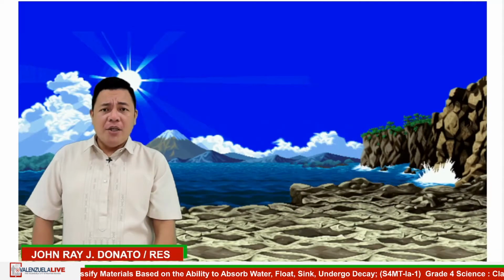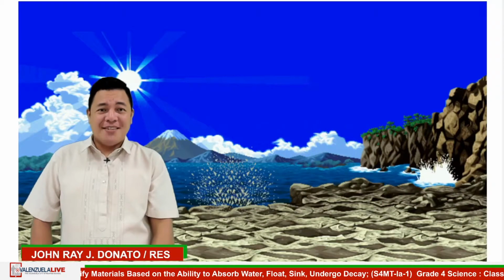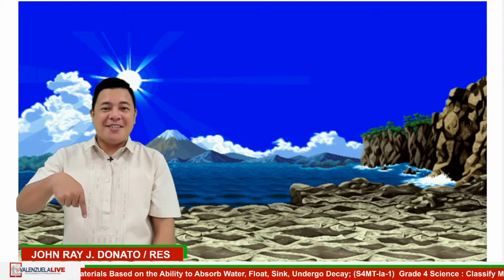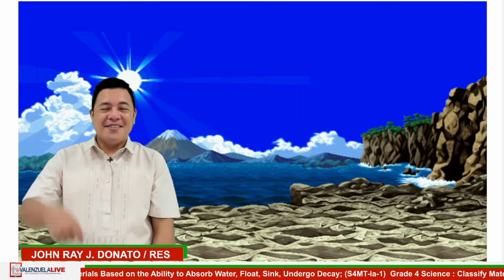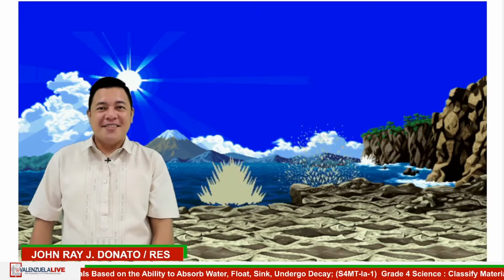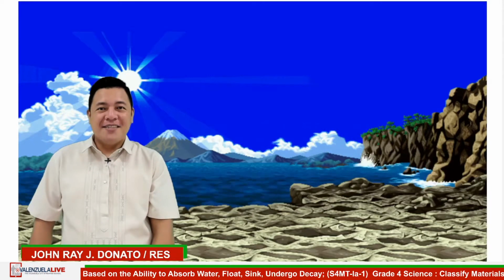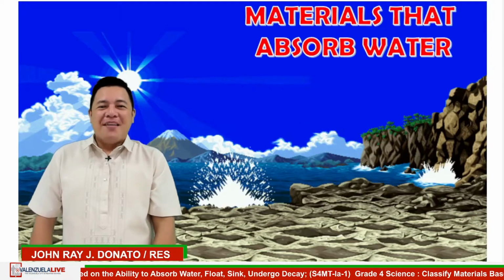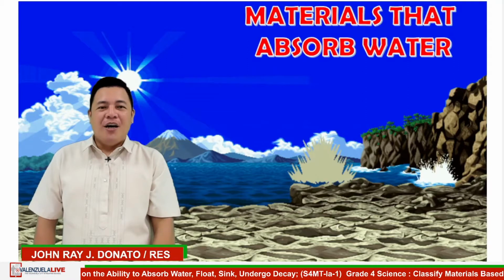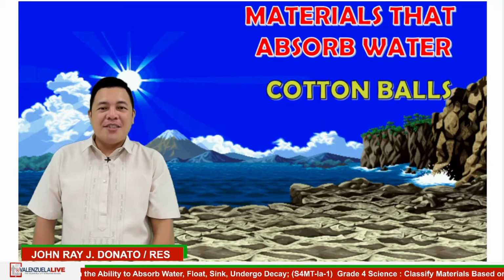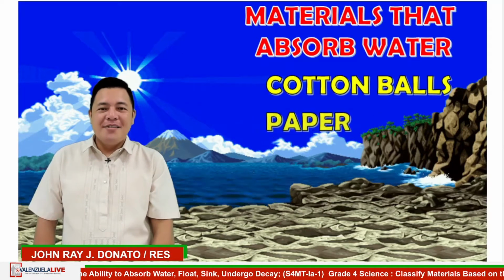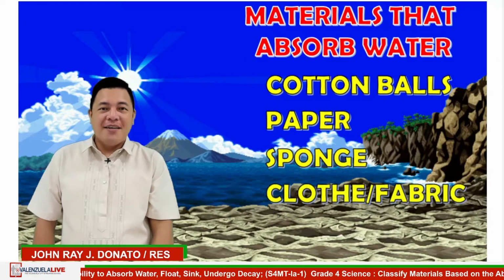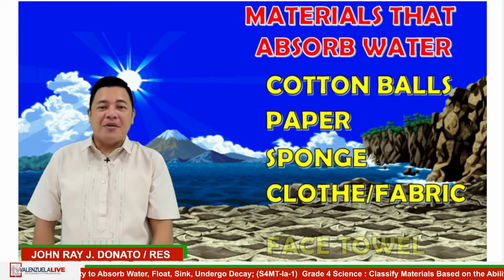What are the materials that absorb water? Kindly put your answer on the comment box. Great! The materials that absorb water are cotton balls, paper, sponge, cloth or fabric, and paper towel.